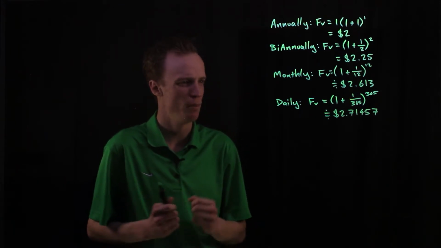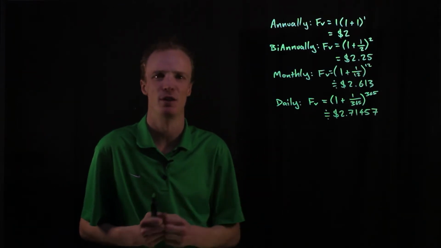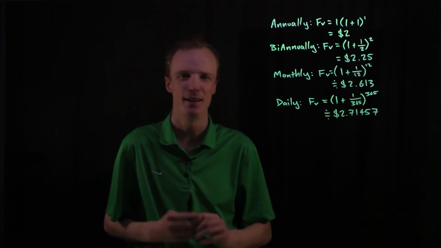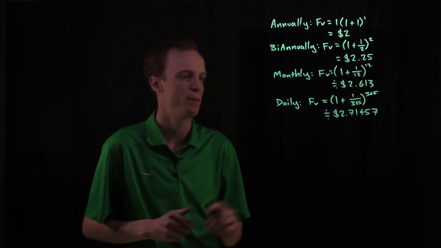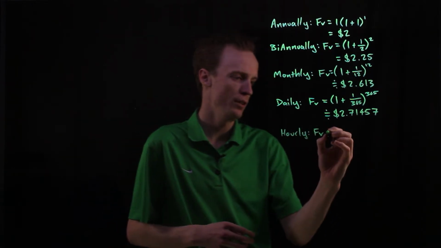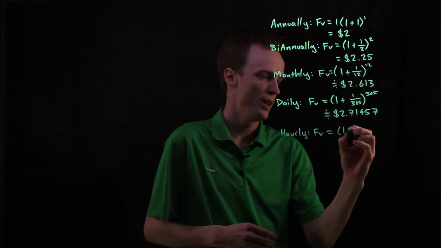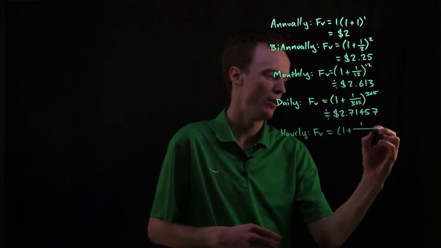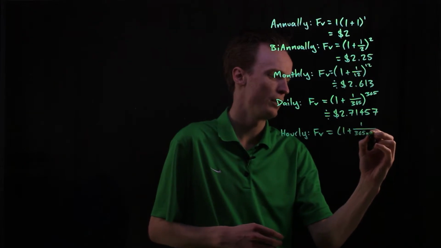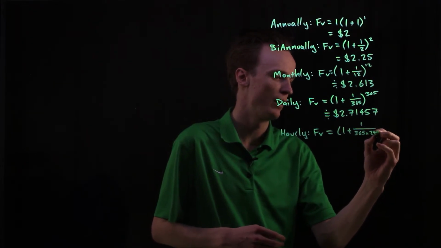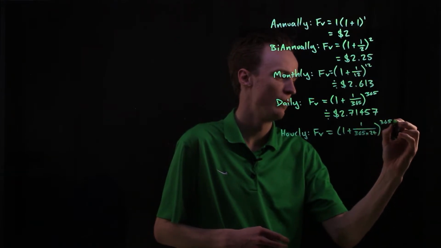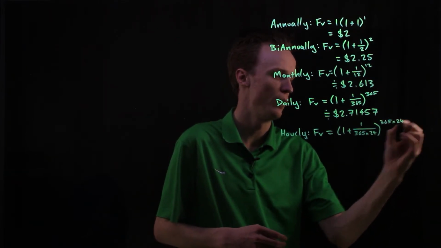Well, I'm not beat yet. I can take this further. What if, instead of looking at daily, let's go to hourly. Surely that'll make a big difference here. Well, for hourly, our future value will be equal to 1 plus 1 over 365 multiplied by 24 hours that there are in each day, all to the power of 365 multiplied by 24.